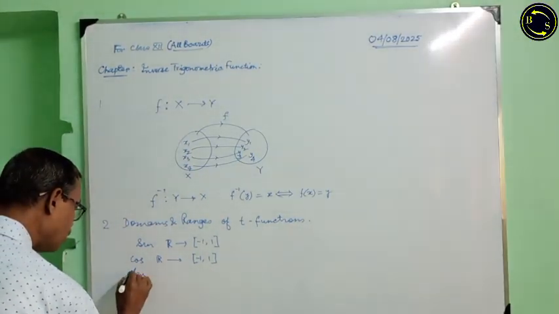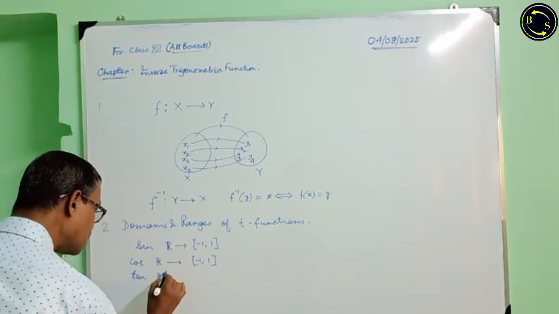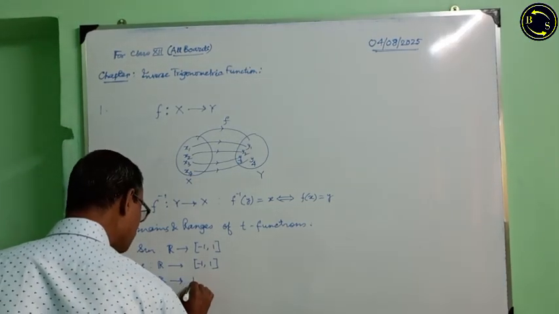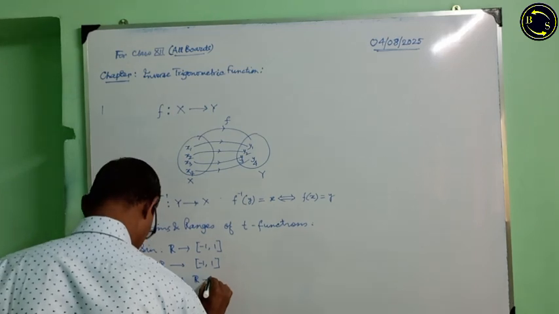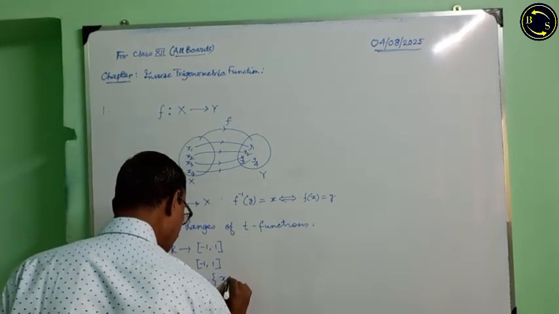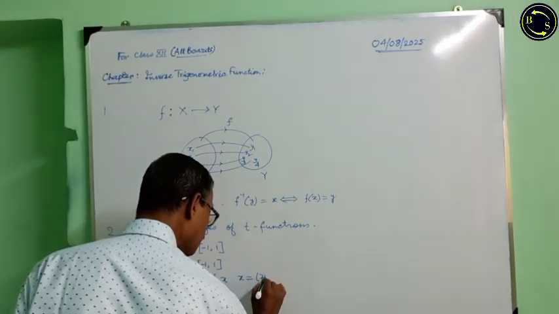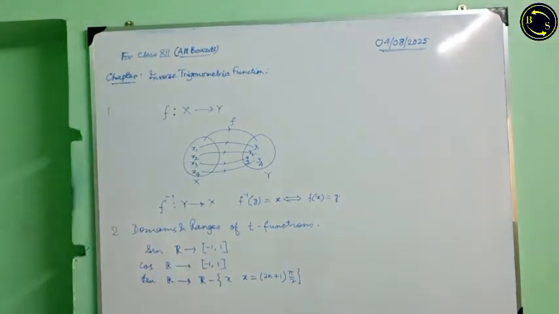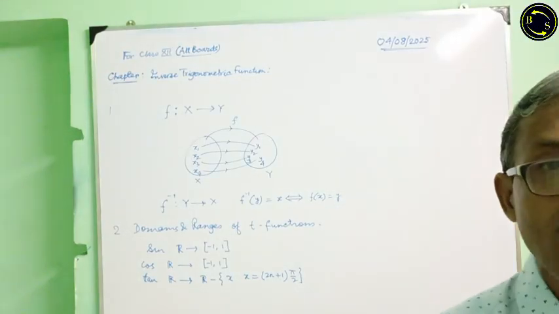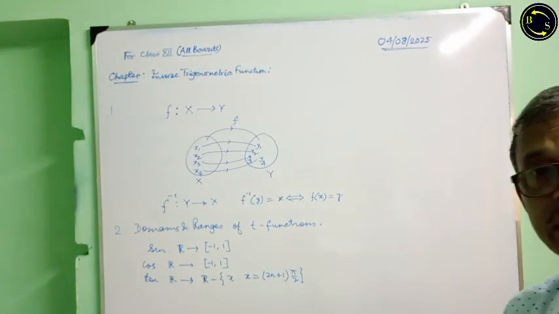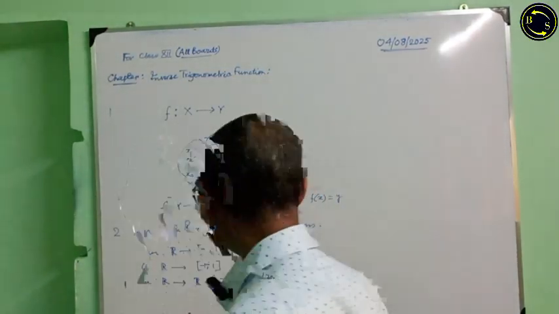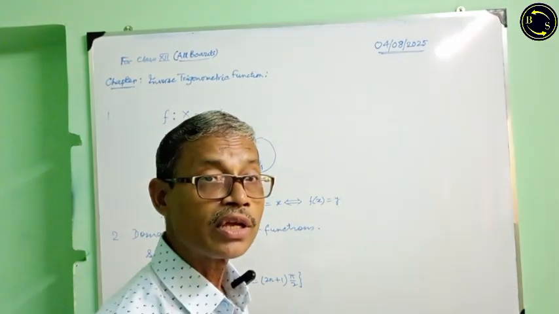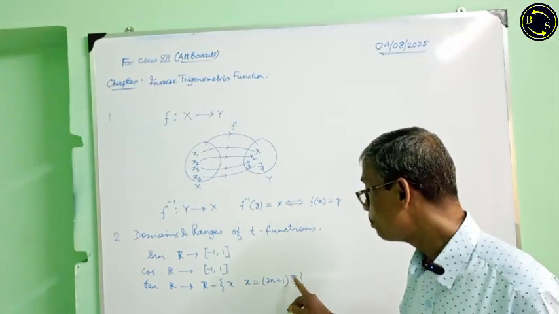And for tan function, set of reals to set of reals except, already you know tan pi by 2 is undefined, tan 3 pi by 2, tan of minus pi by 2, etc. That is why the range will be set of reals minus set of x such that x equal to 2n plus 1 into pi by 2. That means odd multiple of pi by 2.